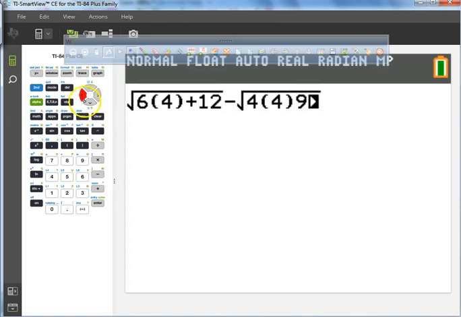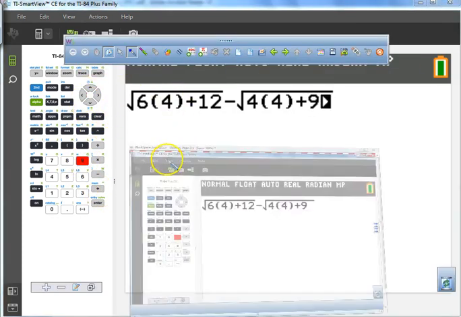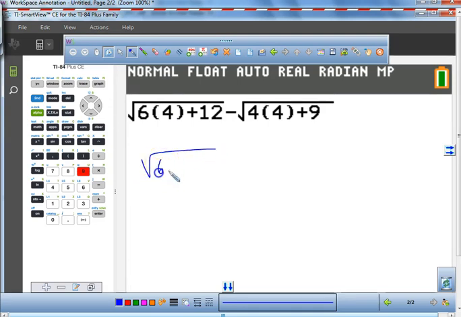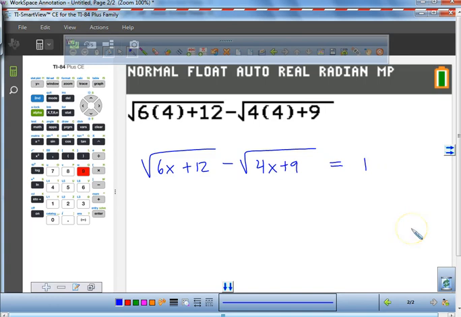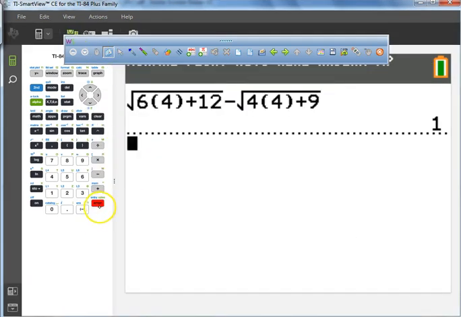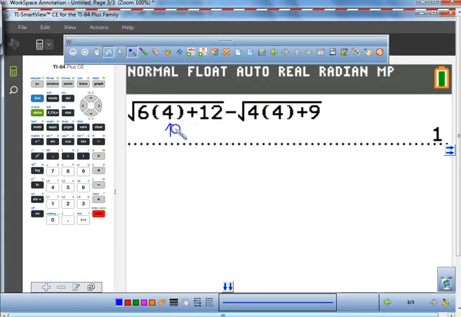I'm doing our original equation: radical 6x plus 12 minus radical 4x plus 9. And I'm checking it to see if it equals the number 1. This is our original problem, correct? Alright, here we go. Press enter. Oh, it equals 1. Guess what that means? That means this number right here works.